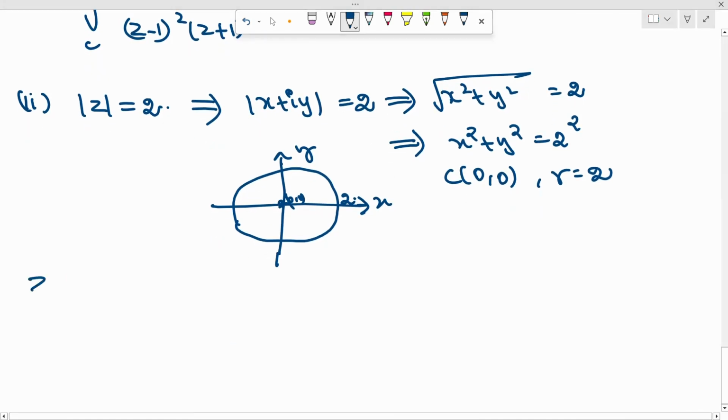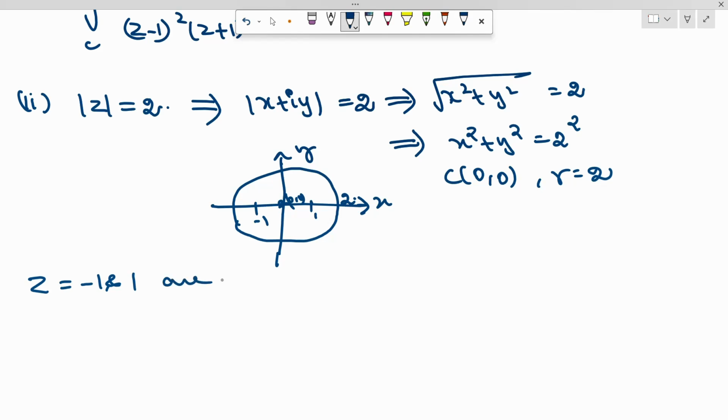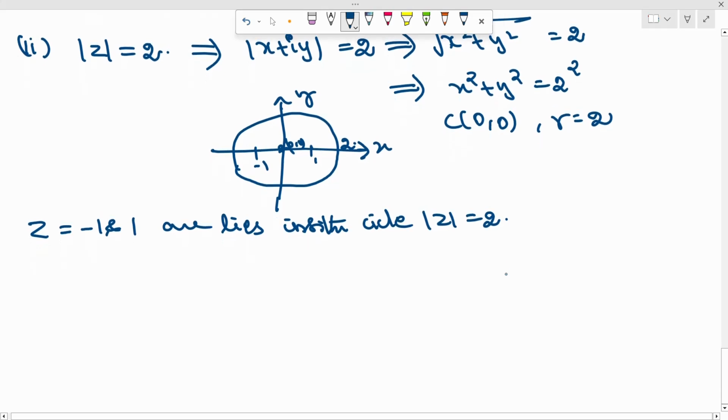In this problem we have two poles, minus 1 and plus 1, and both lie inside the circle, modulus of z equal to 2. Now we are going to find the residues for minus 1 and plus 1.